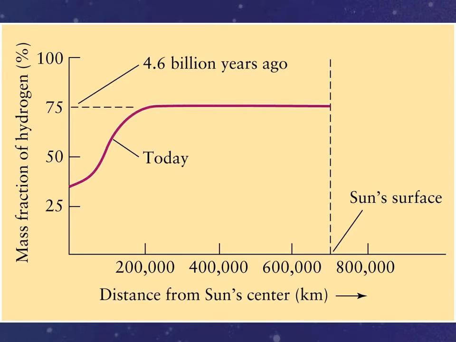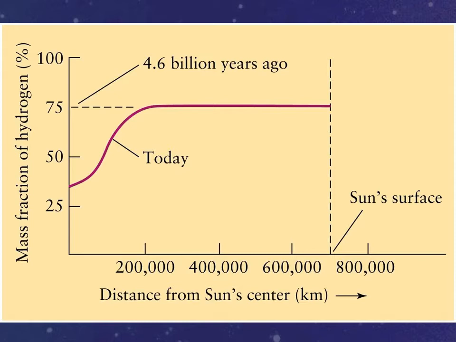Okay, it's using up hydrogen, actually 6 hydrogens go in, and what comes out are 2 hydrogens and a helium. So ultimately, net result is 4 hydrogens have become a helium. So when the sun first formed, when it was a brand new star, by mass, about 75% of it was hydrogen.